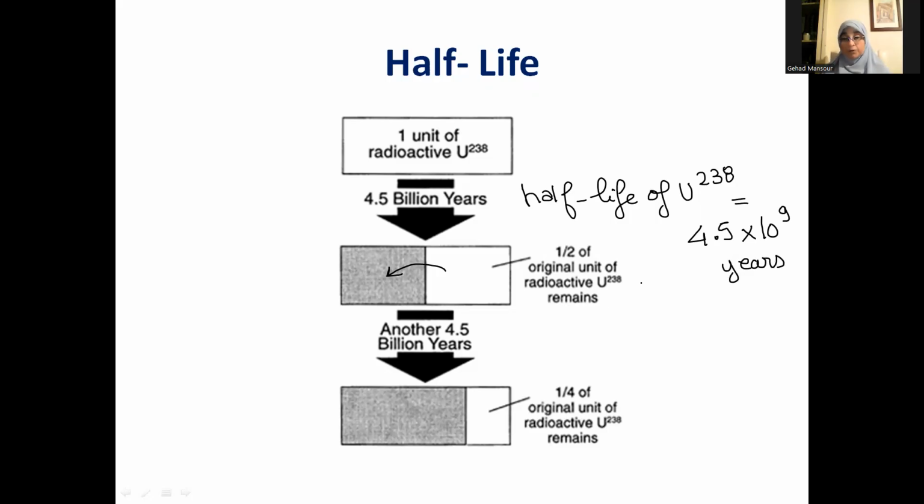And if this is true, then in order for the remaining half to be converted into the non-radioactive material, we need another half-life. So after another 4.5 billion years, you will have half of the half, meaning 1/4 of the original unit.